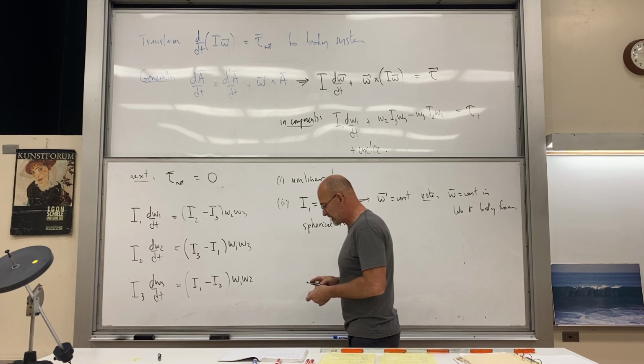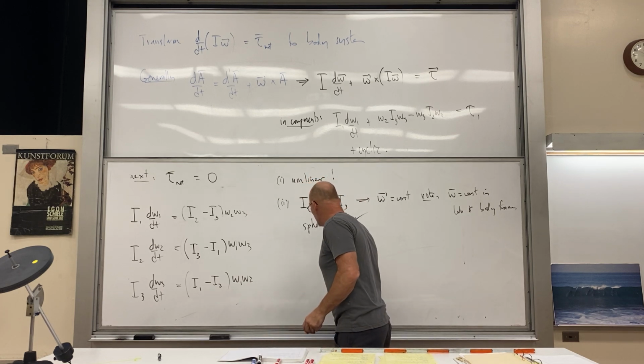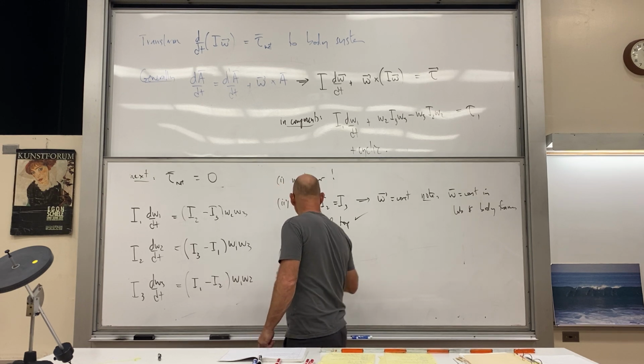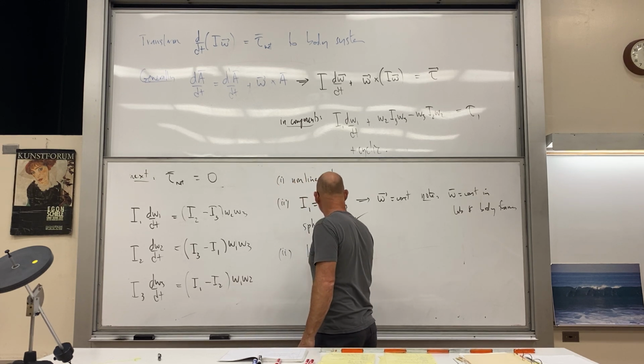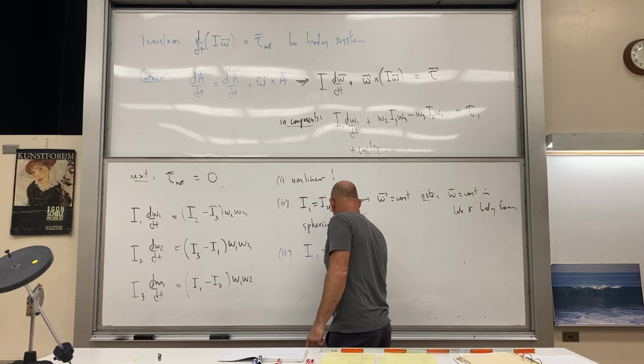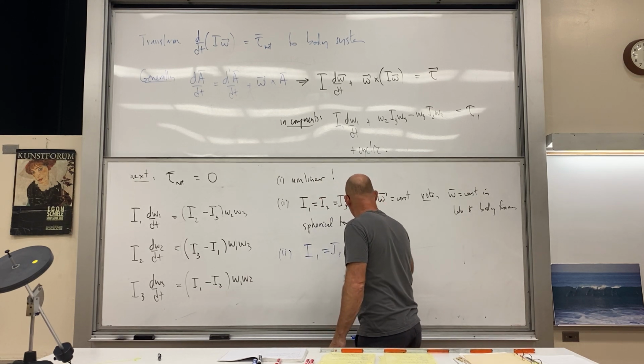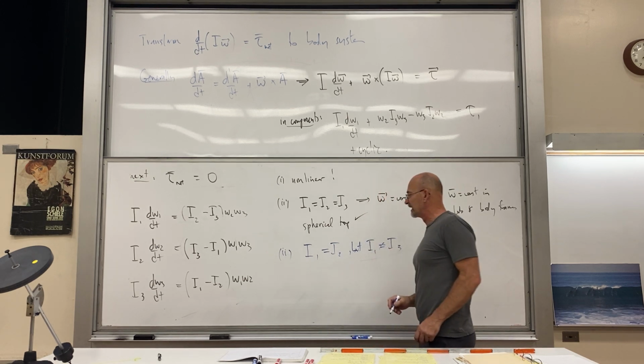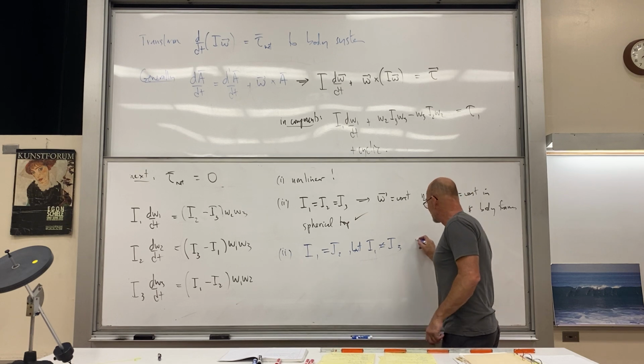So what about the symmetric top? So suppose we have I1 is equal to I2, but I1 is not equal to I3. That's the symmetric top.